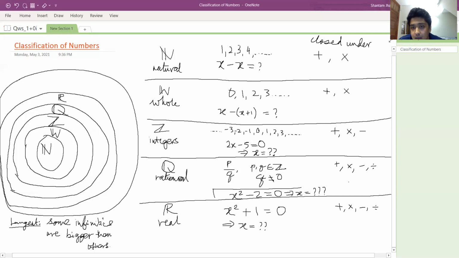So the real numbers are closed under addition, subtraction, multiplication, division, but not the square root. The set that is closed under the square root is going to be called the complex numbers.